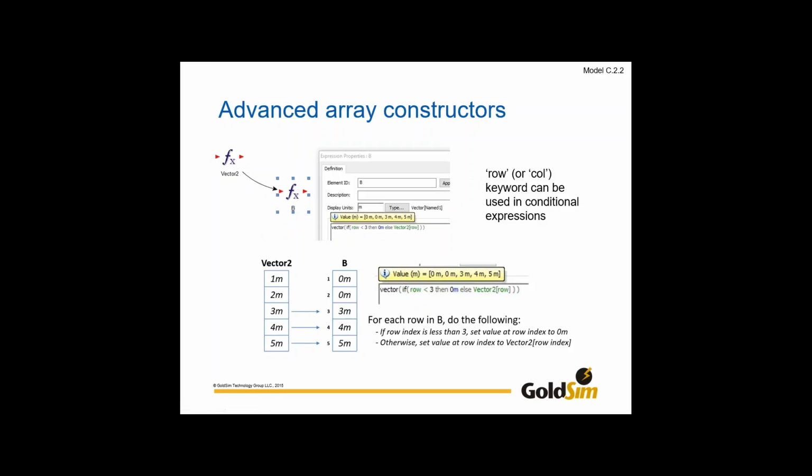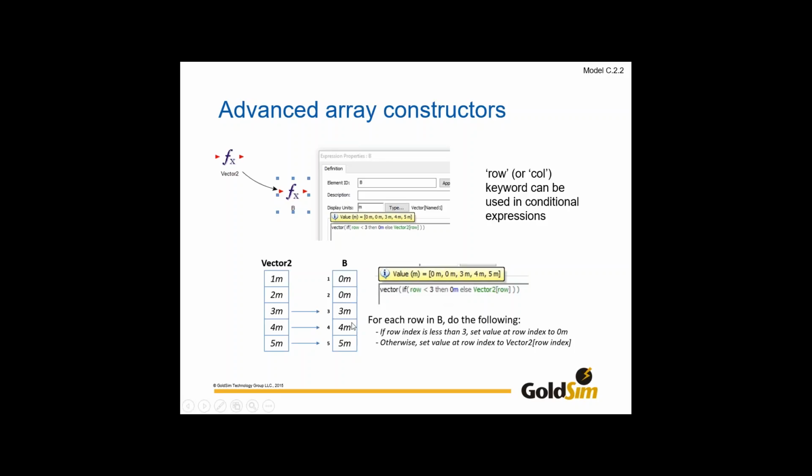But what if we include an if statement inside of the vector constructor? So inside of the vector constructor we say if the row is less than 3, then just load in a value of 0. Otherwise, pull in a value from this other vector. So here we're going down, and if row is less than 3, 1 and 2, then we just load in this 0 value.